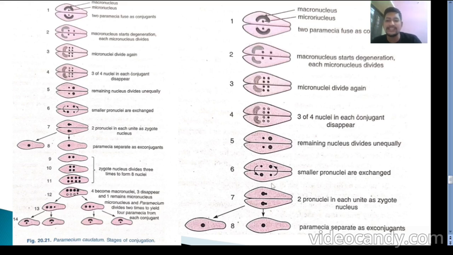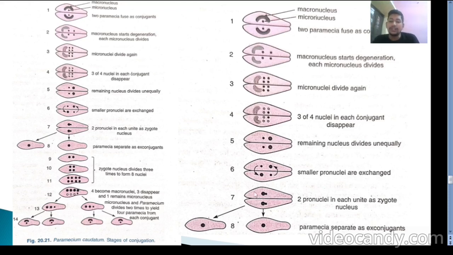Now you can see this beautiful diagram. The male pronucleus will migrate from the upper paramecium to the lower one, and similarly the other male pronucleus will migrate. So be careful, only the small pronuclei get exchanged.